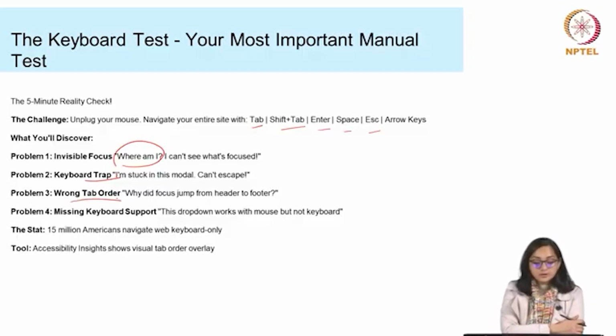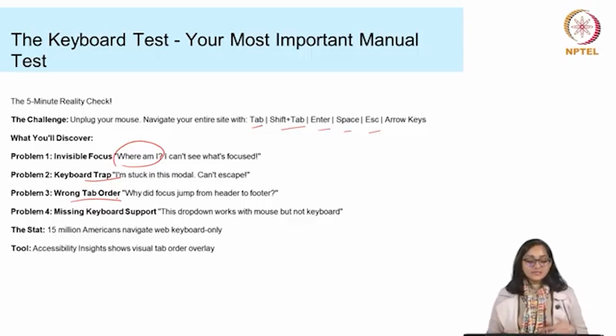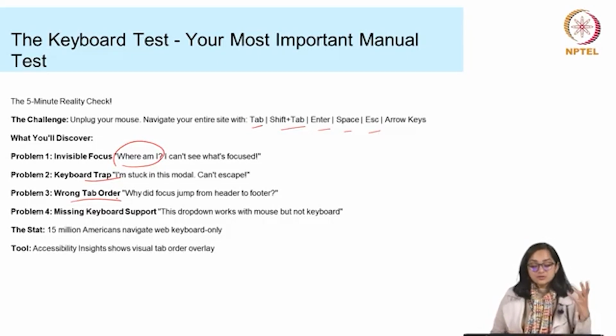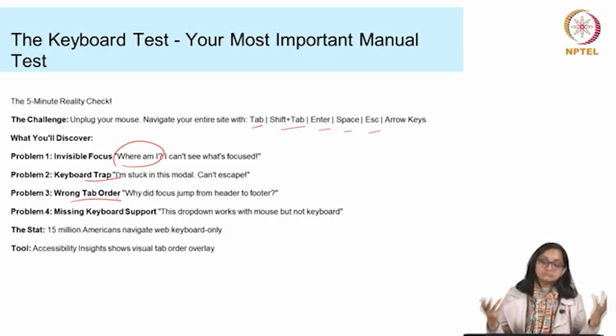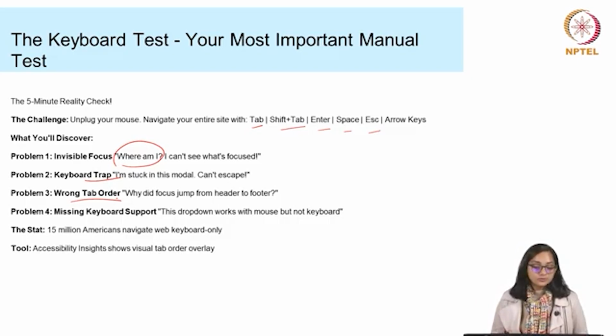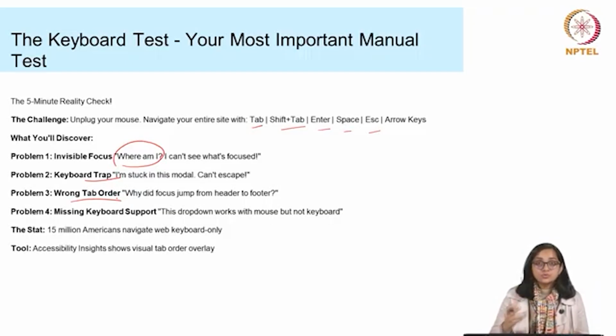Then wrong tab order. Why did the focus jump from header to footer? I don't know. Or missing keyboard support, so this drop down works with a mouse but not with a keyboard. The statistics say that there are millions of people who navigate the web only through keyboard.